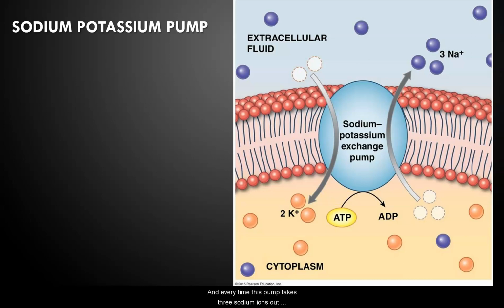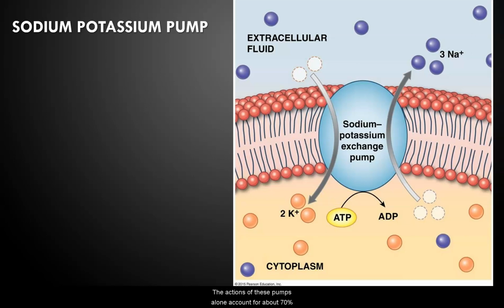And every time this pump takes 3 sodium ions out of the cell and pumps 2 potassium ions into the cell, this takes 1 ATP, 1 cell dollar. So by removing more positive charges than it brings in, this actually contributes minus 3 millivolts to the overall resting membrane potential. So this is how we fight that leak that's happening.